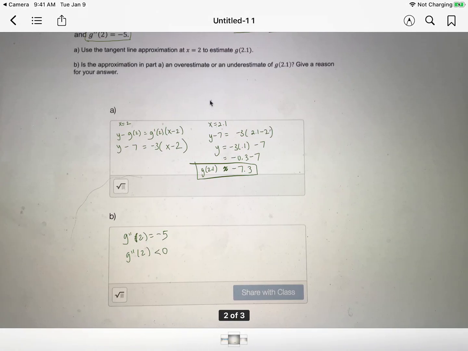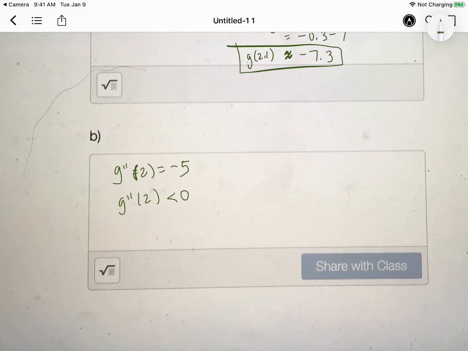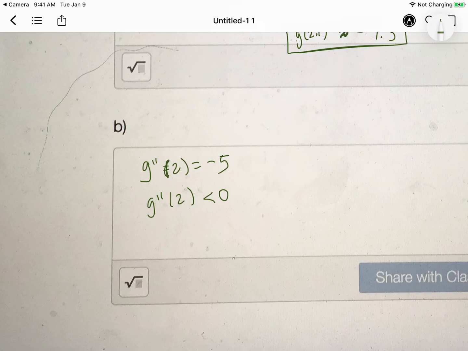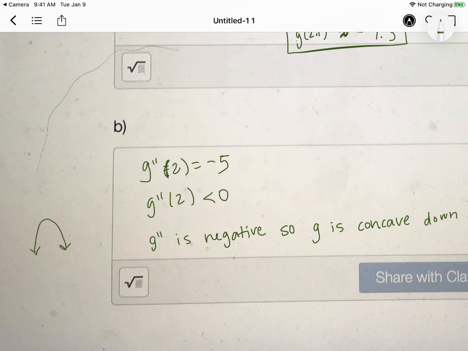So if you didn't have that table, you could just draw a quick sketch. You're like, okay, so g double prime is negative. So g is concave down, like a frown, and then the tangent lines are above it.